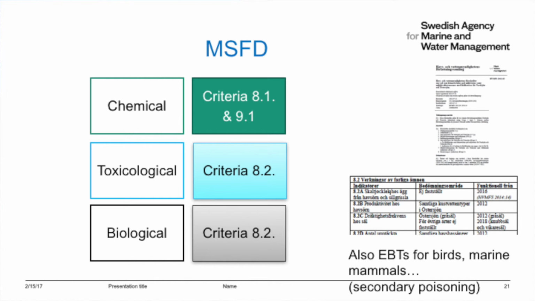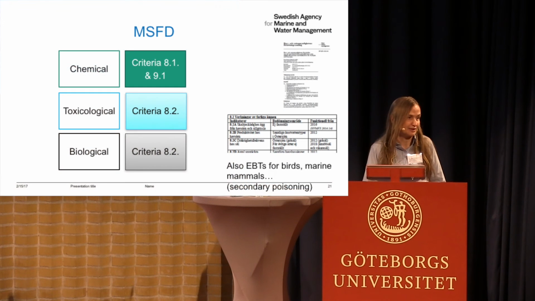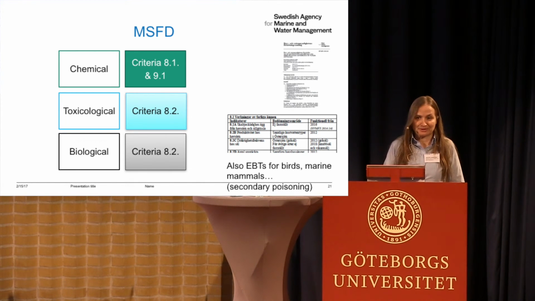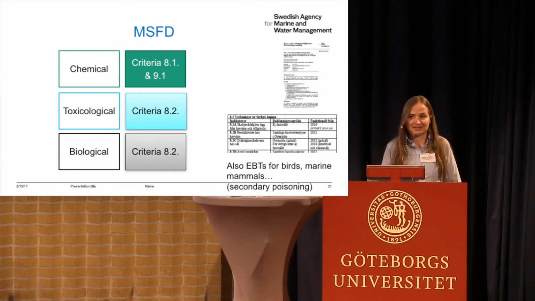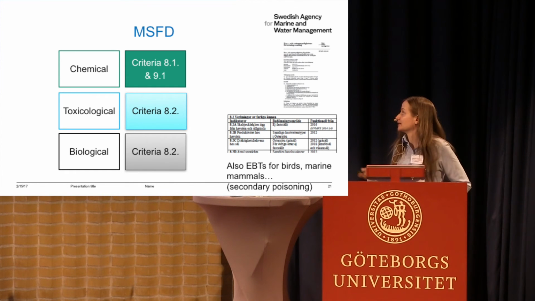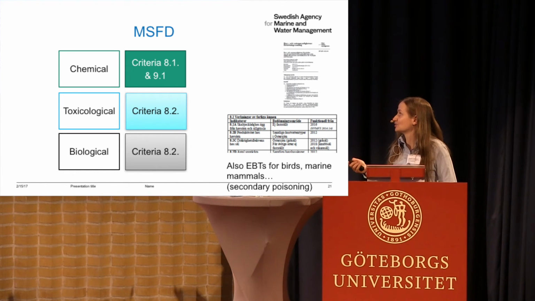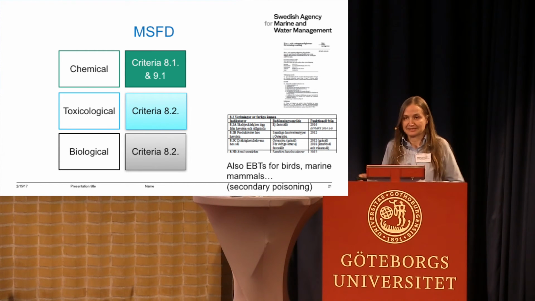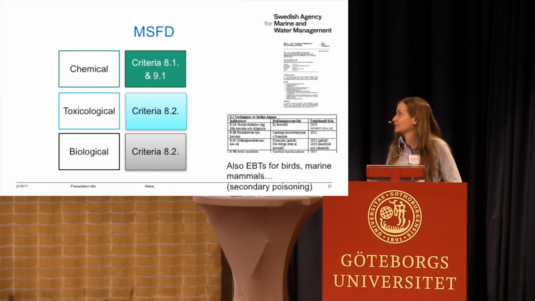In the Marine Strategy Framework Directive, they are mentioned sort of. The Commission decision on the criteria is now under review, but what it says so far is that it would fit under criteria 8.2, because you should assess not only the concentrations but also the effects of contaminants.